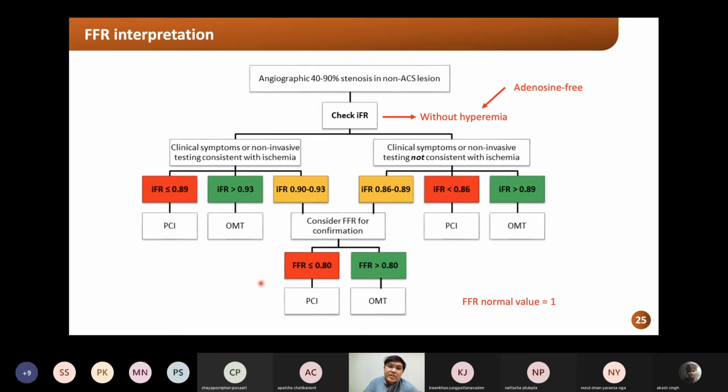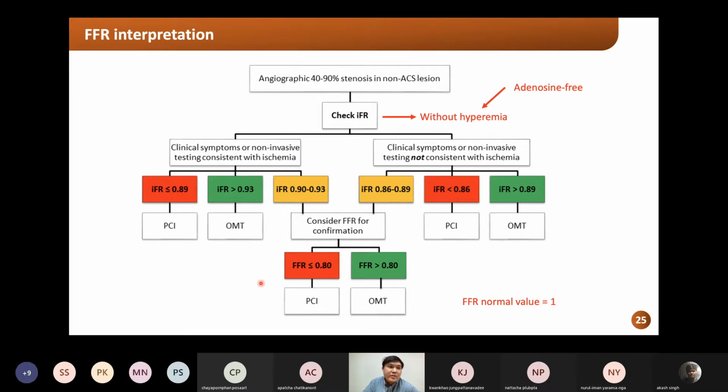And after the patient is checked with iFR, if the clinical symptoms, or non-invasive testing like a stress test or something like that, are consistent with ischemia, or the patient is suspected of CAD, then if the iFR is greater than or equal to 0.89, so the normal value is 1, right?